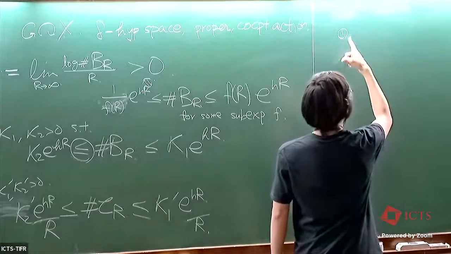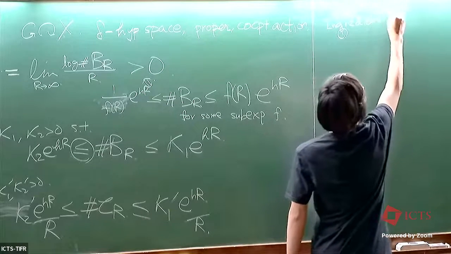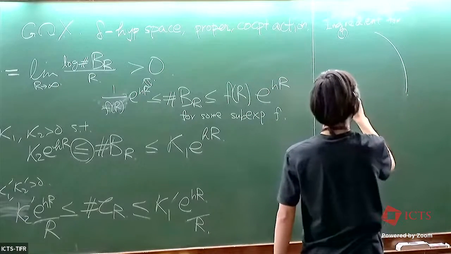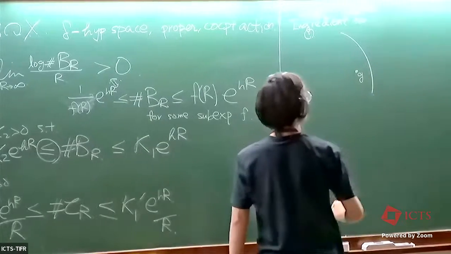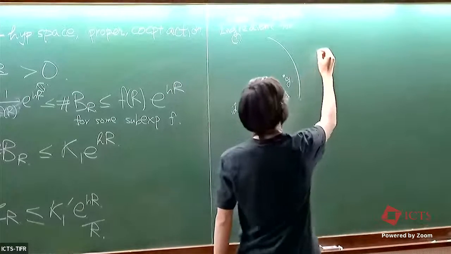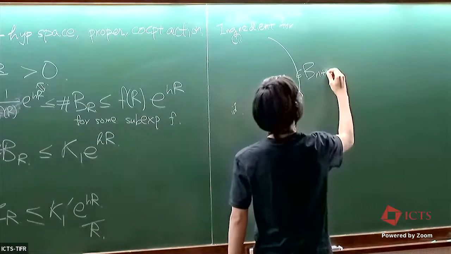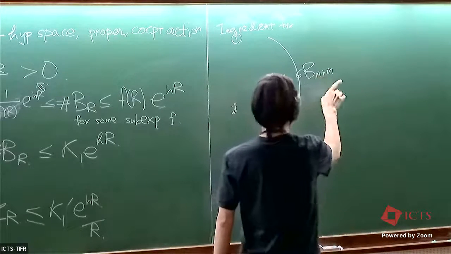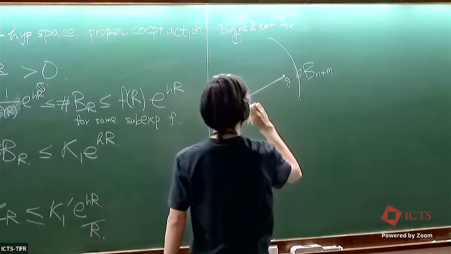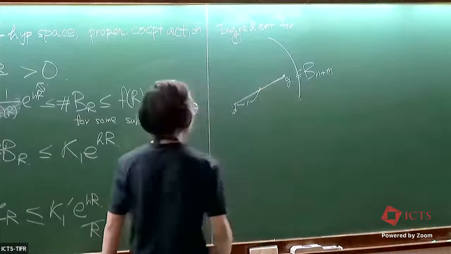So for the first step, the ingredient was like so. If you want to generate a group element at distance, let's say, in B_{n+m} without any error this time, then you just draw the geodesic and pick the one at distance n from the identity.